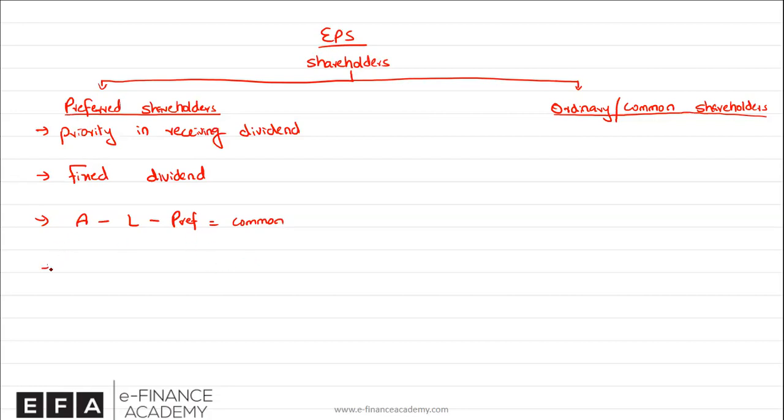So they also have a priority at the time of liquidation, meaning after the creditors, the preferred shareholders should be paid, and the leftover, whether there is anything left or not, would go to the common or ordinary shareholders. So they have priority over the common shareholders, of course, not over the lenders or the creditors.